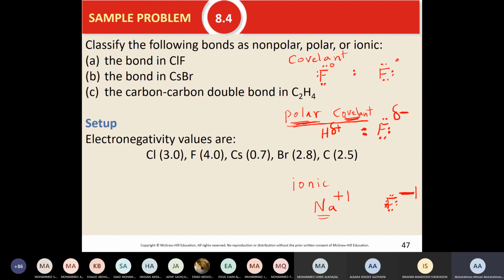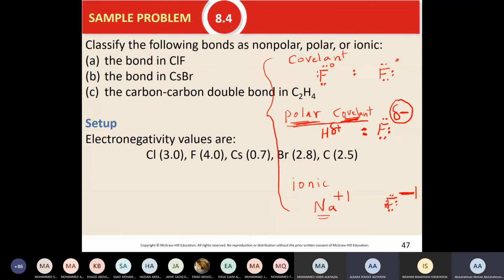Polar covalent, because it's in the middle between what? Covalent and ionic bond. Is this clear? Any question? Let me ask you a simple question. If the partial charge on fluorine, is it going to be 1?